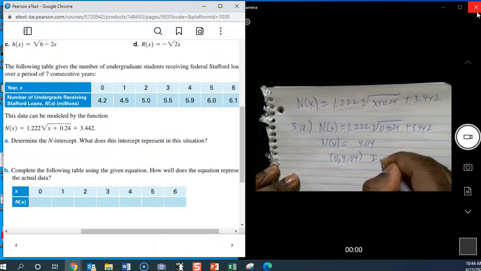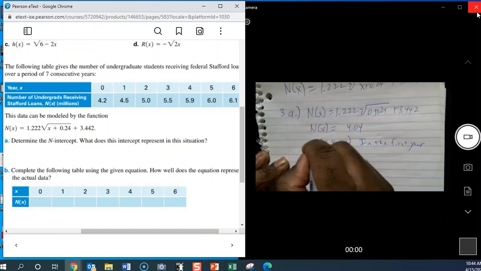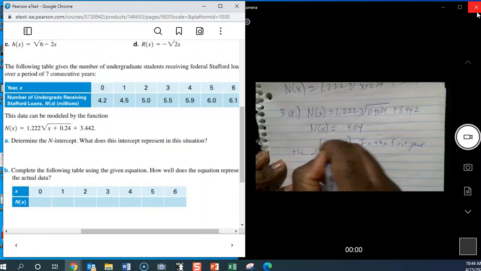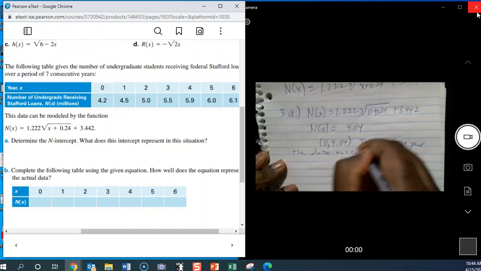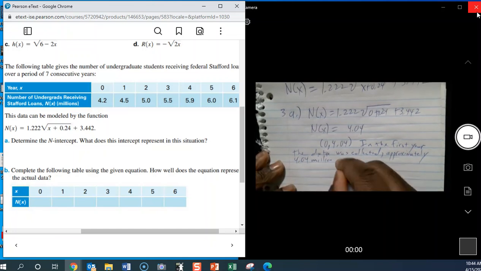And what this means is in the first year the data was collected, approximately 4.04 million undergraduate students received Stafford loans.